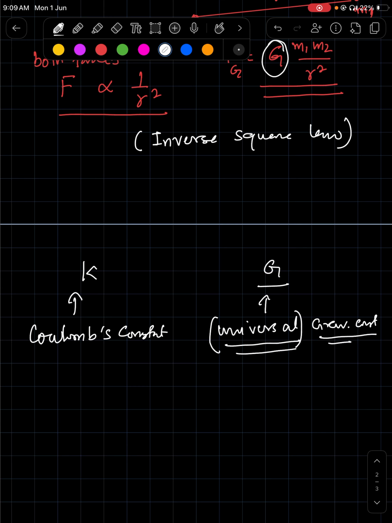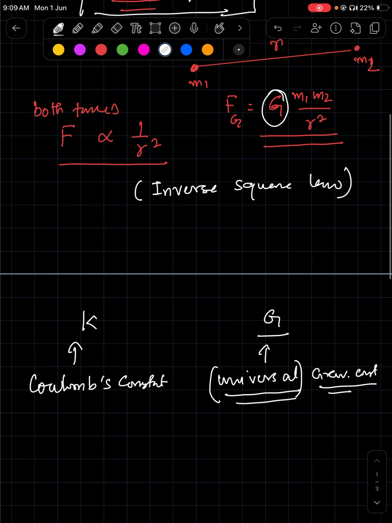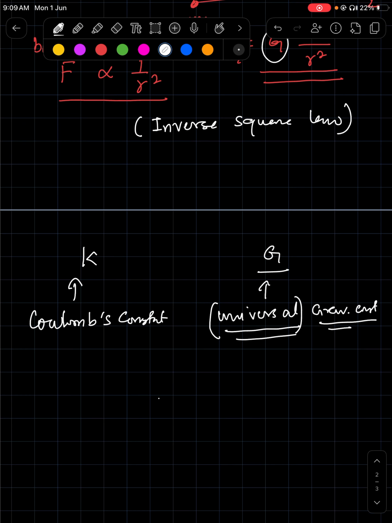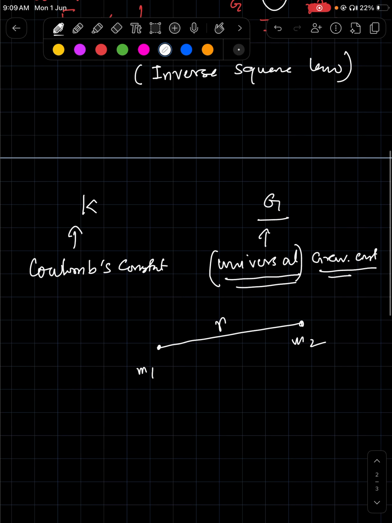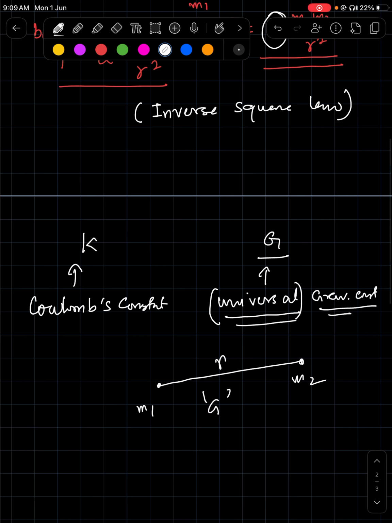What does it mean? The gravitational force carries universality. If I keep the two masses M1 and M2 anywhere in the universe, provided the distance between them is the same, then the force will remain the same. That means G does not depend on the medium between the two masses.